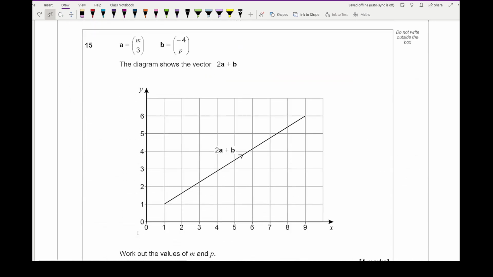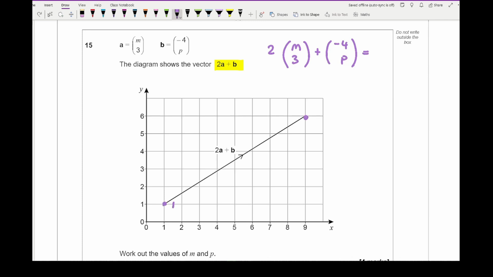Moving on to question 15, it says that a has a column vector of (m, 3) and b has a column vector of (-4, p). The diagram shows the vector of 2a plus b. Work out the values of m and p. So if I use the resultant vector, we've got 2a, so that's going to be 2 lots of (m, 3), plus b, which is (-4, p), and that all gives me the answer of how to get from here to here.